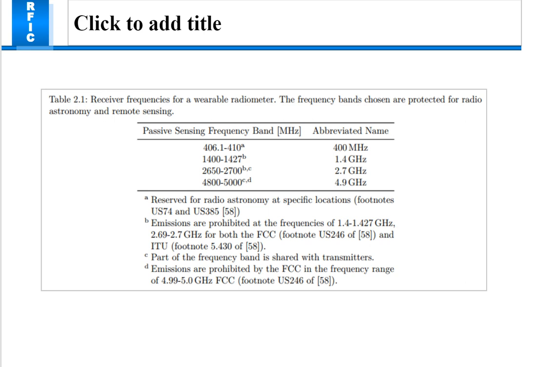It is reserved for radio astronomy at specific locations, where emission is prohibited at frequencies ranging from 1.4 to 1.427 gigahertz. Part of the frequency band is shared with the transmitter. Emissions are prohibited by the FCC in the frequency range from 4.99 to 5.0 gigahertz.